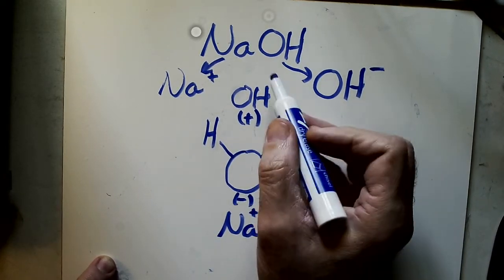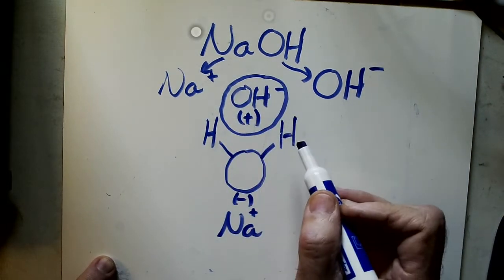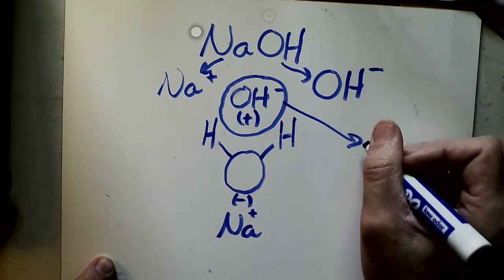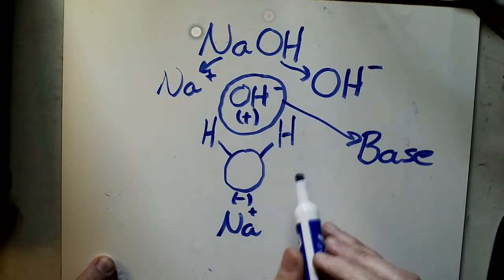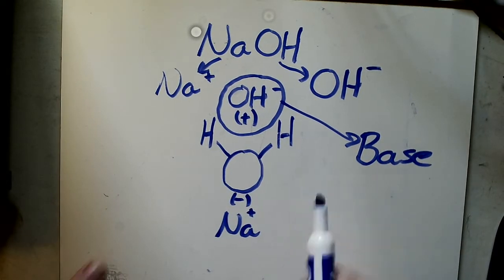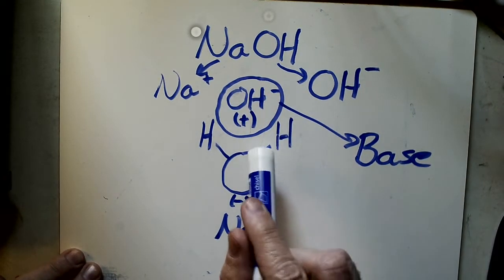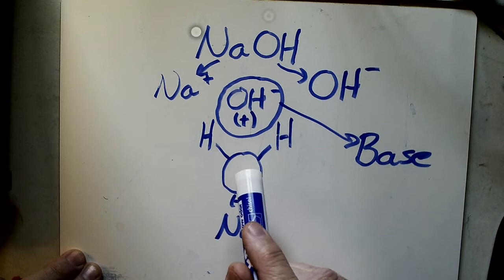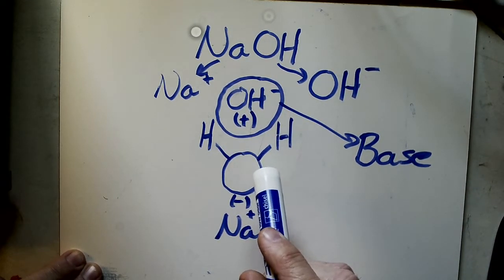If you have a hydroxide ion dissolved in water, it is a base. Now this definition becomes more complicated later. I usually go over it, but I just can't right now. A base is really any substance that can accept a hydrogen ion.